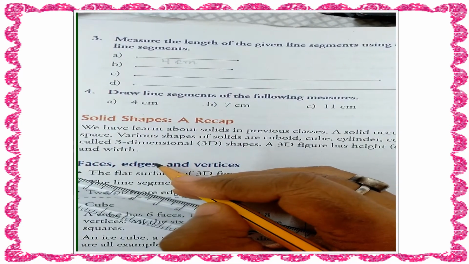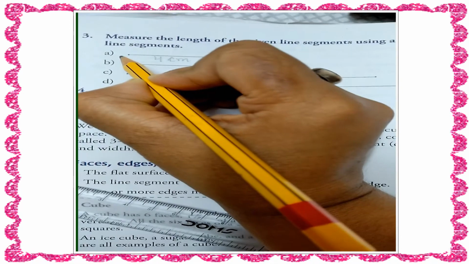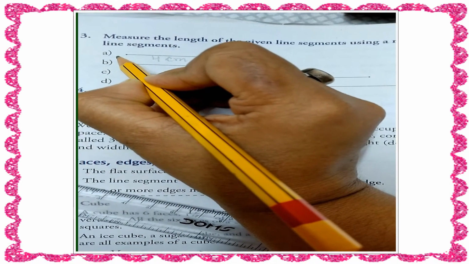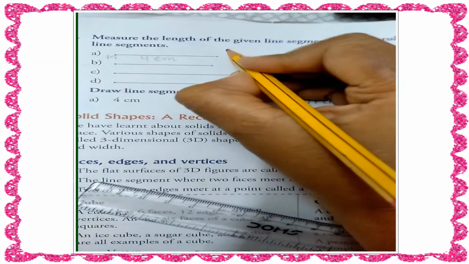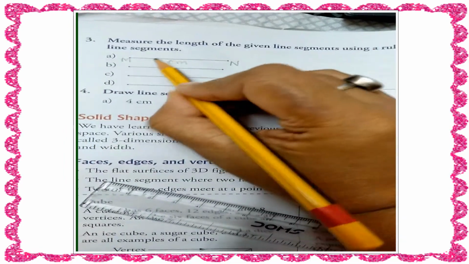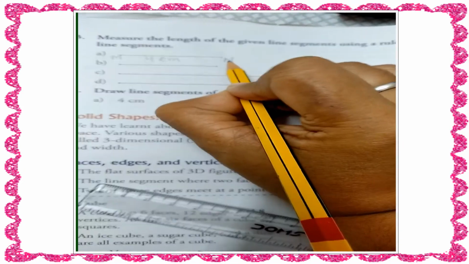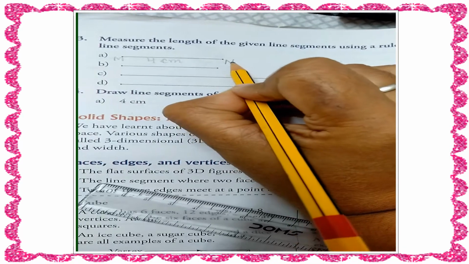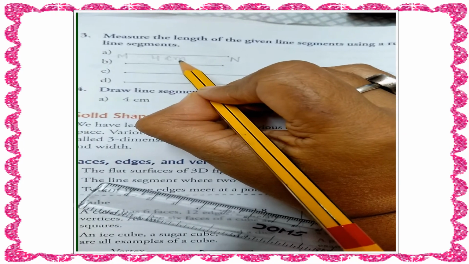And as we have to name the line segment also, let me write M and N. So the name of the line segment is MN, and it measures 4 centimeter.